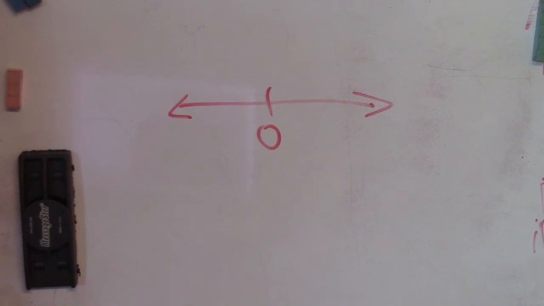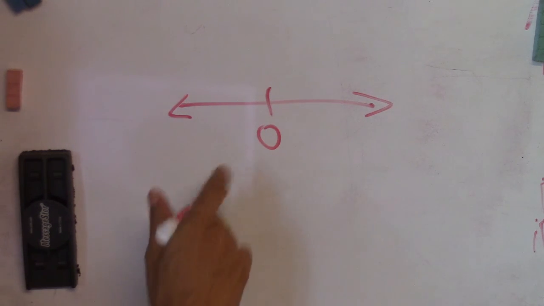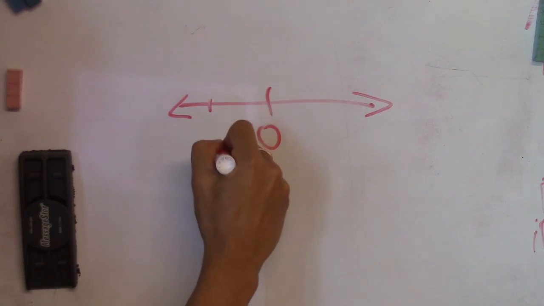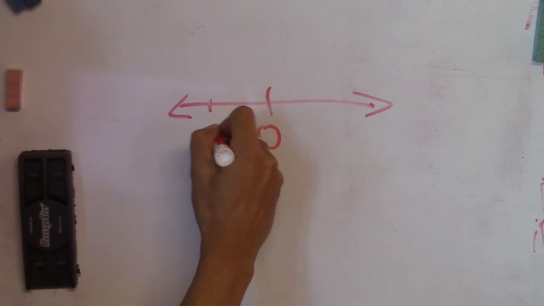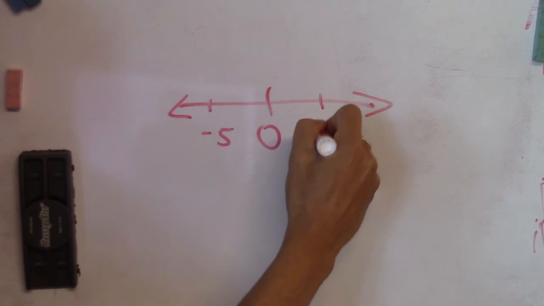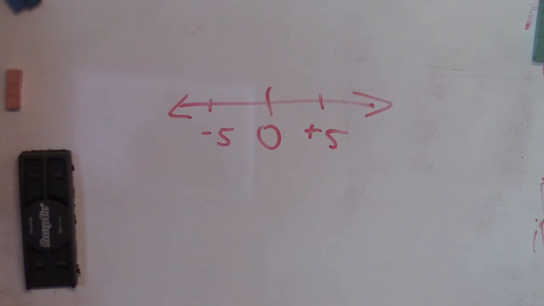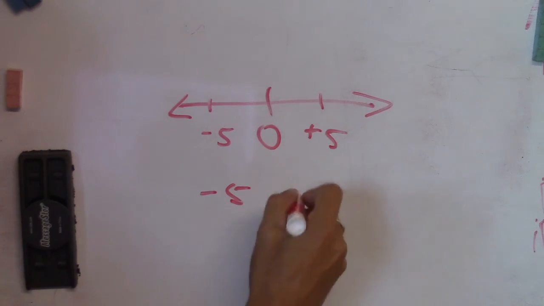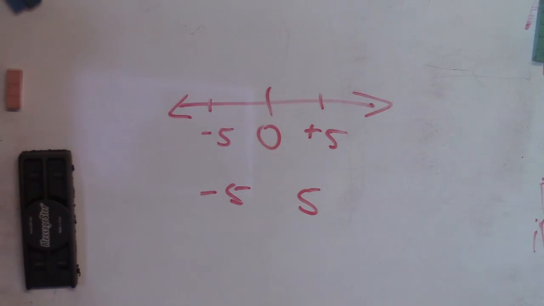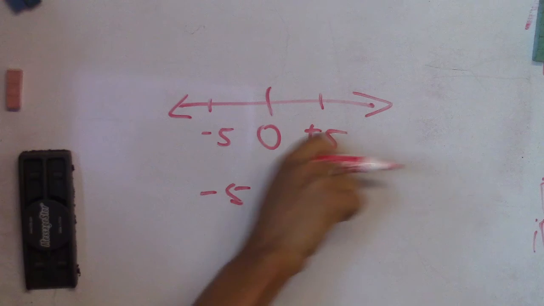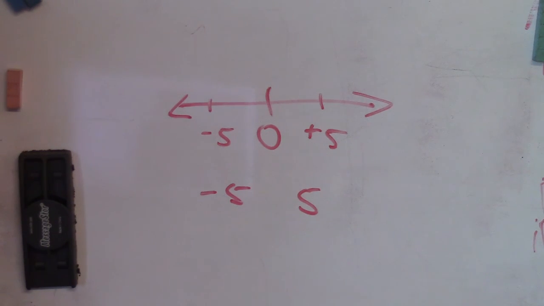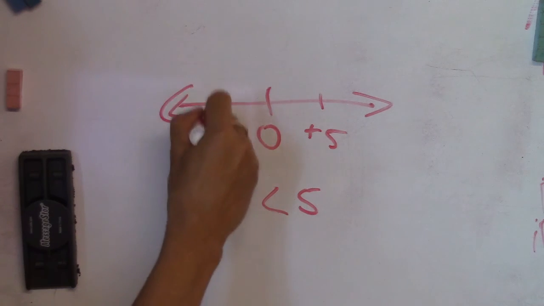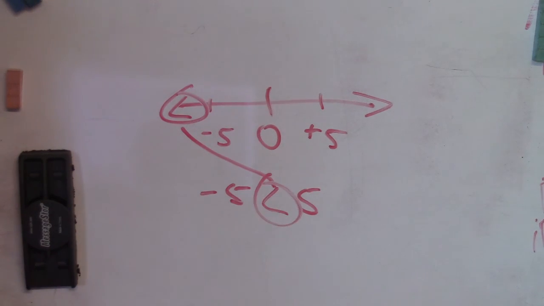And let's say this is negative 5, and this is positive 5. Okay. So negative 5 is where compared to 5? Is it over there or is it over there compared to 5? Yeah, that's it. Done. Negative 5 is less than 5, right? Right there. That's what it is.